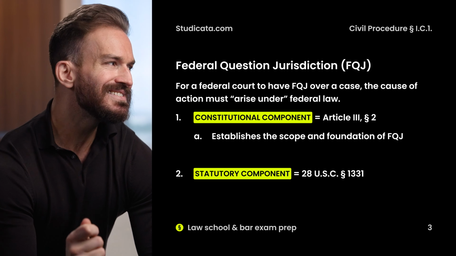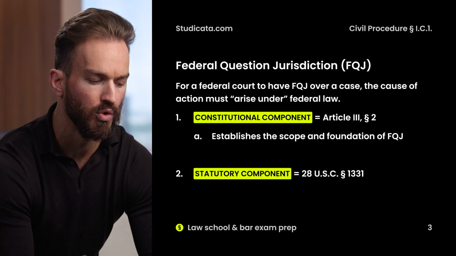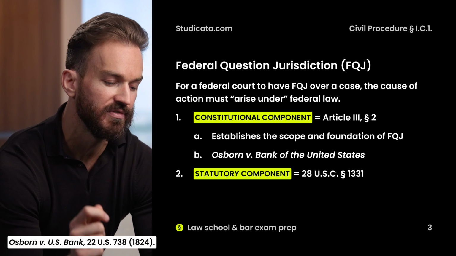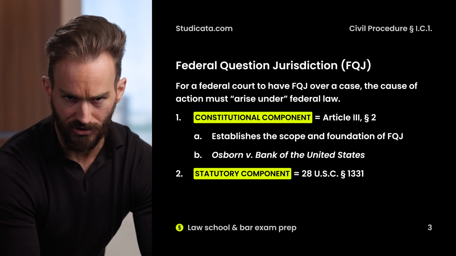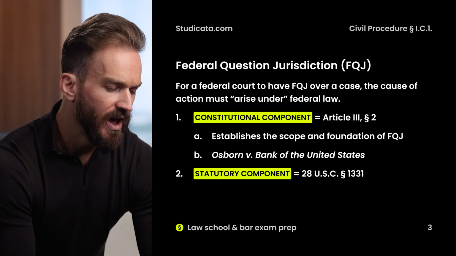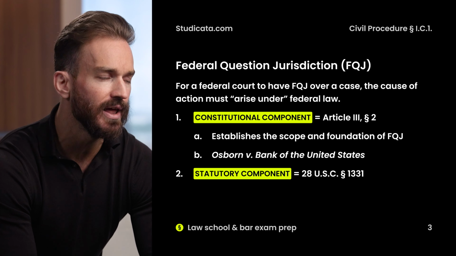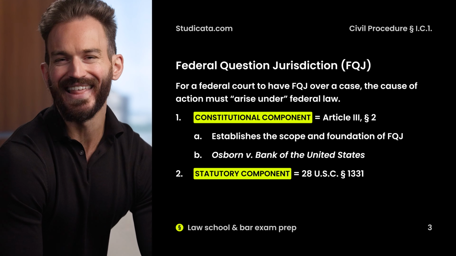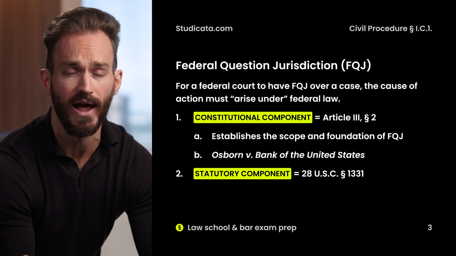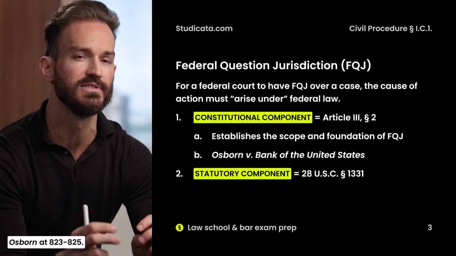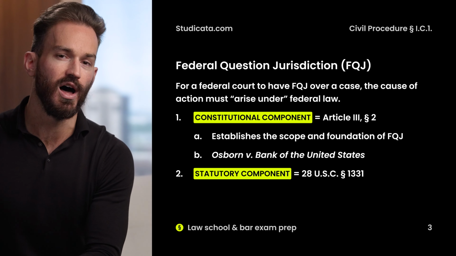In 1824, we get a landmark Supreme Court decision in Osborn v. Bank of the United States. Without going into too much detail, to give a simplified version, essentially a claim is brought into federal court, and that claim has what the Supreme Court refers to as ingredients of both state law and federal law in it.